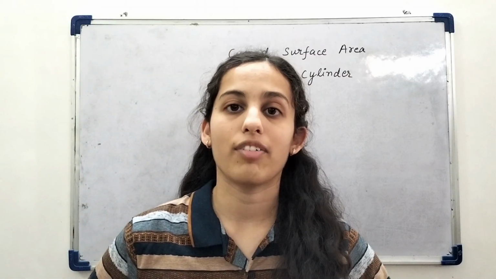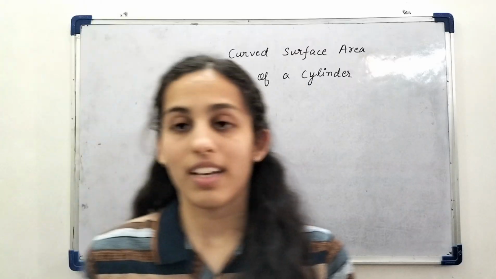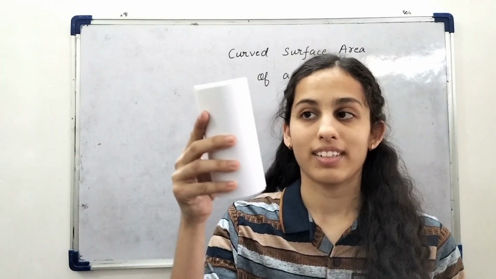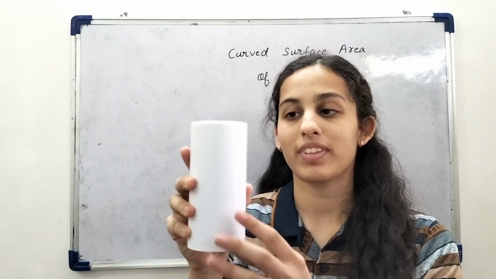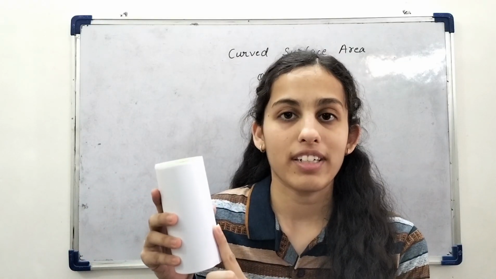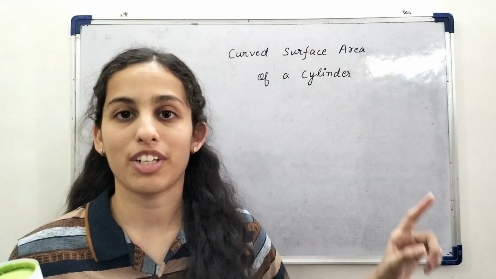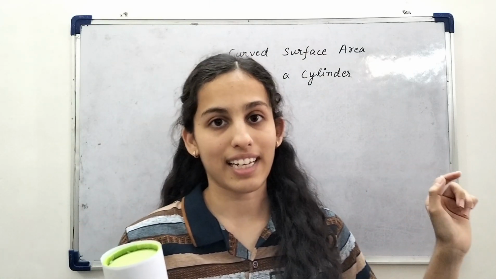Let's see, if I cover it with paper, then how would it look? If I cover it with paper, then it will look like this. So one thing is clear, if I calculate somehow the area of this paper, then the curved surface area of the cylinder will be known.